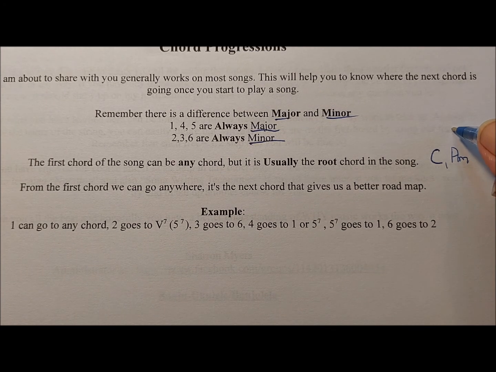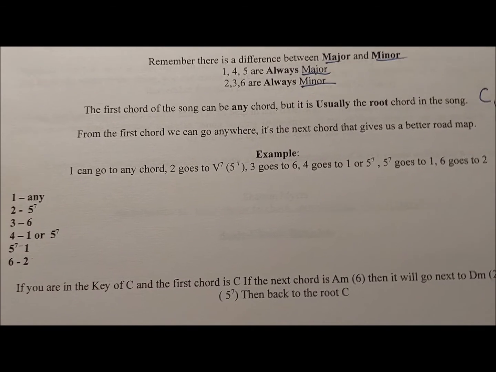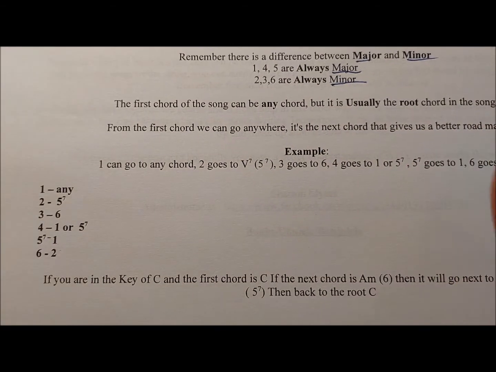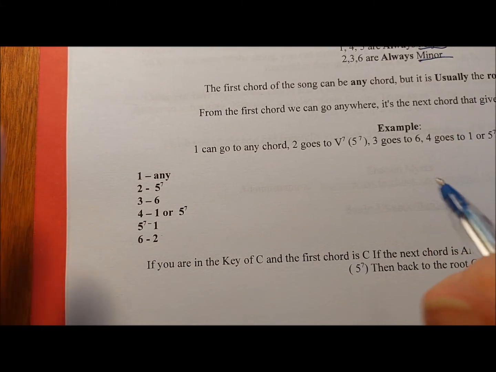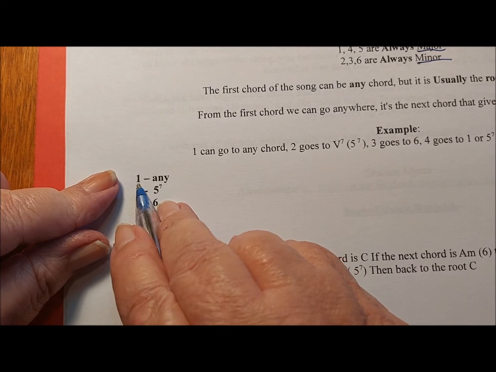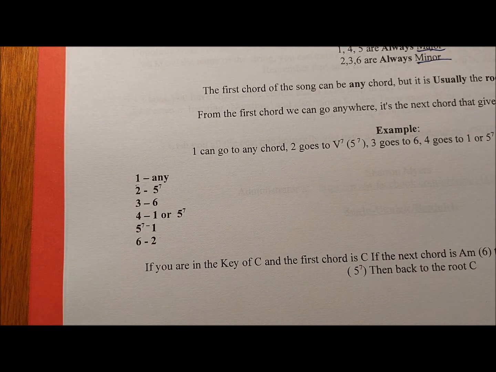Now, if I went to A minor, remember I just told you that's your 6. So, if you're writing a song, or if you're just trying to figure out how to do this, I'm still new to this, but okay, so the 1 chord, the C, can go anywhere. It can go A minor, G, wherever they want to put it.